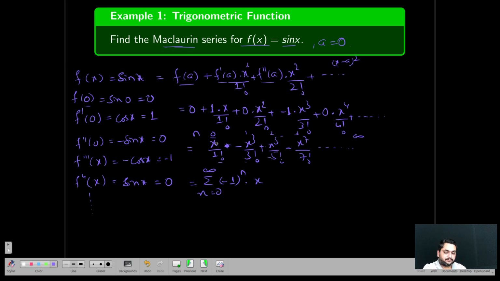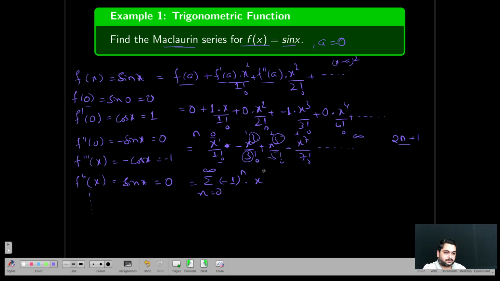How is x varying? When n is 0, the x power is 1. When n is 1, the x power is 3. So that means 2n plus 1. You go on putting n values and you'll get this order. Similarly, the denominator in terms of factorial.